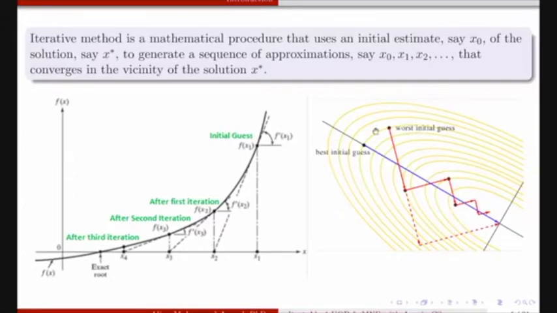While this figure on the right here is showing when you are lucky to get a better initial guess, then it's possible you get to the solution faster. And when you have a very bad initial guess, then it will take longer time and sometimes it may not converge depending on the type of algorithm you are working on.